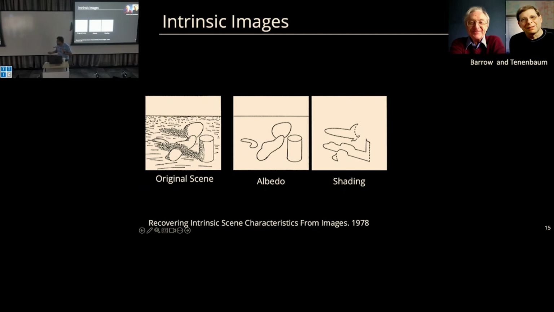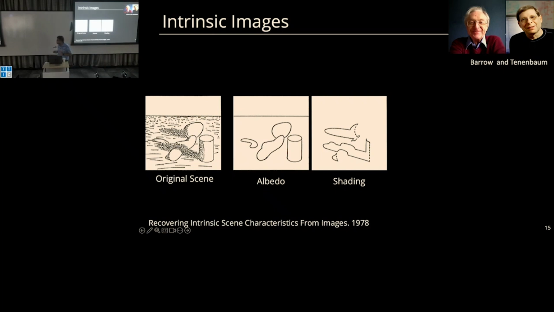So here you can see that for the scene, there are shadows, the geometry effects. These are getting modeled. This is 1978, so you'll see a very cartoonish image. I'll show a modern example using this. But to motivate this concept, first you can decompose images into something that is light dependent and something that is light independent. And light dependent components are mostly dependent on the scene geometry, so you want to decompose it into scene geometry.